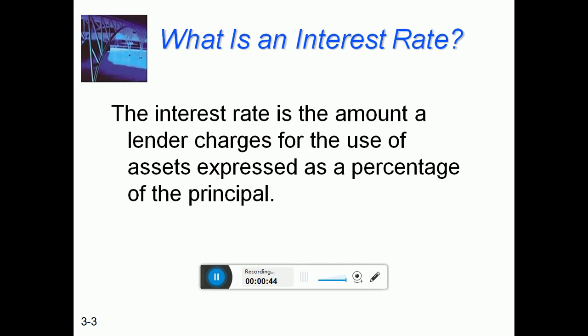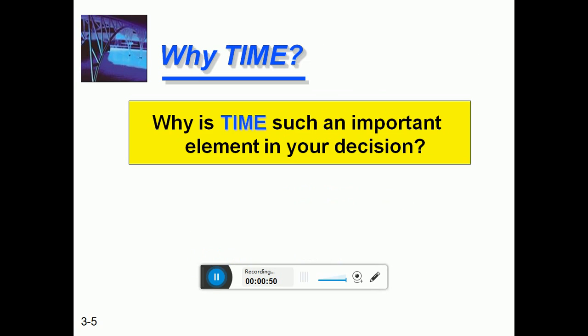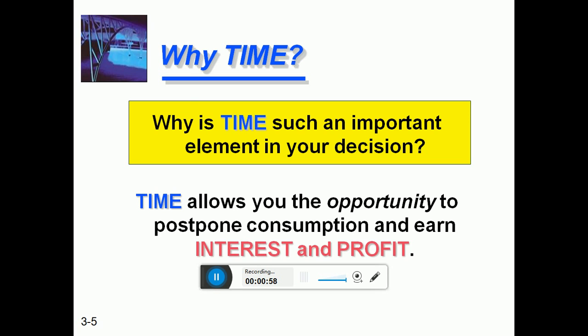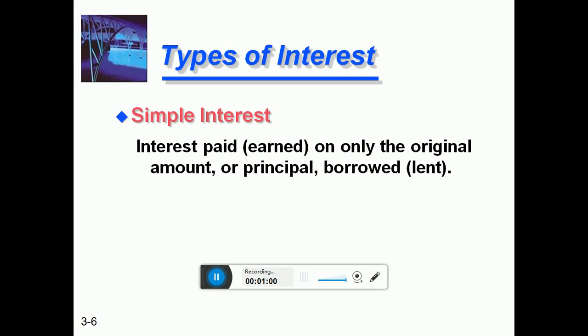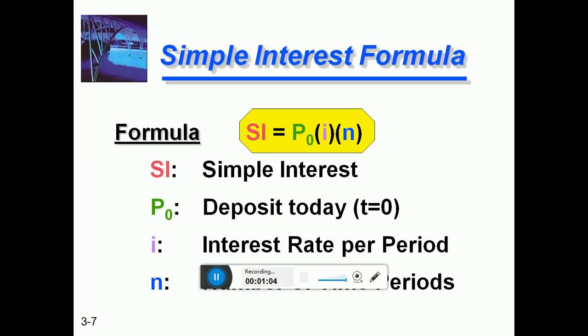This was our first topic. Then time value of money. Then we discussed why time is important in our decisions in finance. Then we discussed simple interest and compound interest.